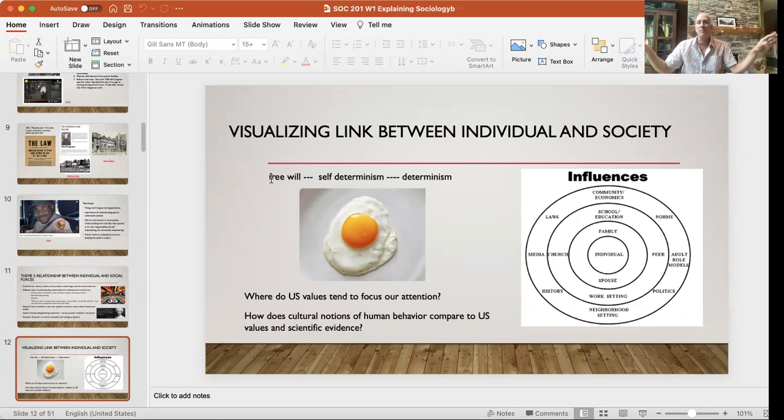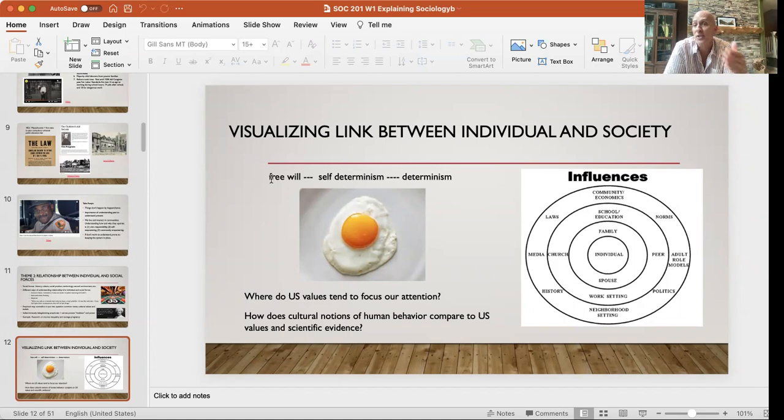I will argue, or provide a perspective, that neither end of those continuums is correct. It's too extreme. The reality is that individuals are self-determined. It's the individual making decisions within a context. Now we can break that down further, because sometimes the status of the individual matters.